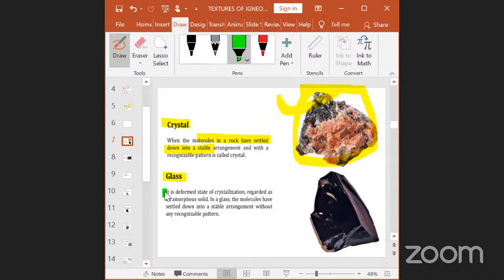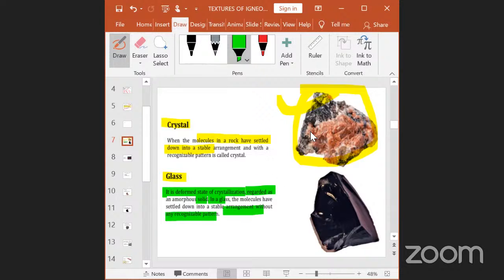Glass is a deformed state of crystallization. It is regarded as an amorphous solid, and in a glass the molecules have settled down into a stable arrangement without any recognizable pattern, right?